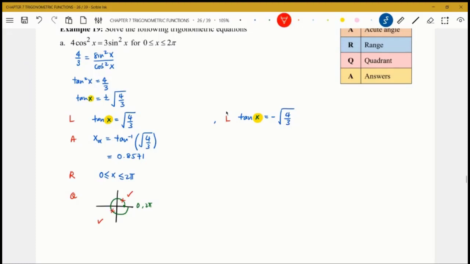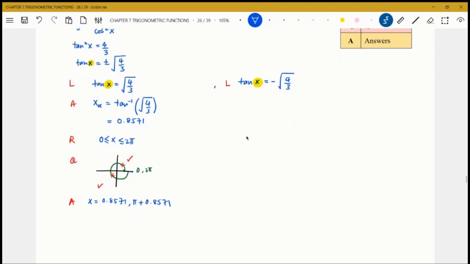So answer kita adalah x equal to acute angle on the first quadrant, which is 0.8571, and then third quadrant adalah pi plus 0.8571. So kita ada pi plus 0.8571. Okay, kita akan dapat 3.999.